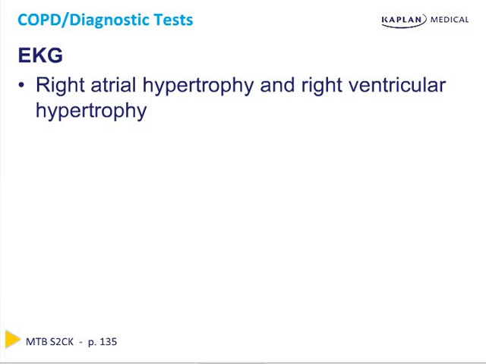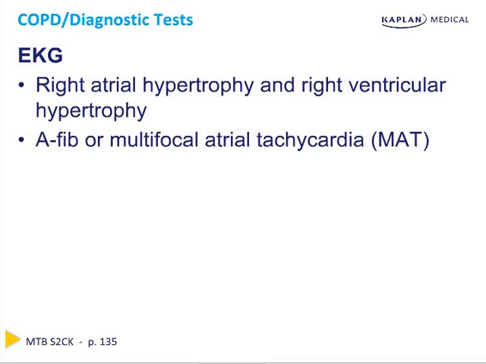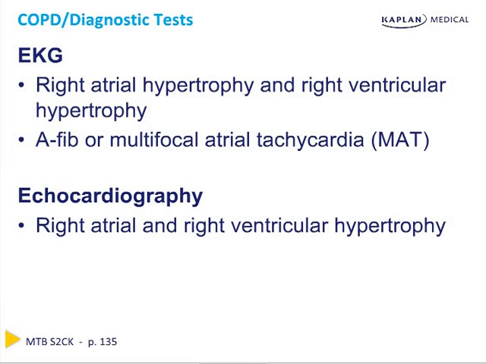The EKG will show right atrial hypertrophy as well as right ventricular hypertrophy. Sometimes patients with COPD can end up in atrial fibrillation or a multifocal atrial tachycardia, and MAT in particular is very commonly associated with lung disease. The echocardiogram will show right atrial and right ventricular hypertrophy, as well as evidence of pulmonary hypertension.